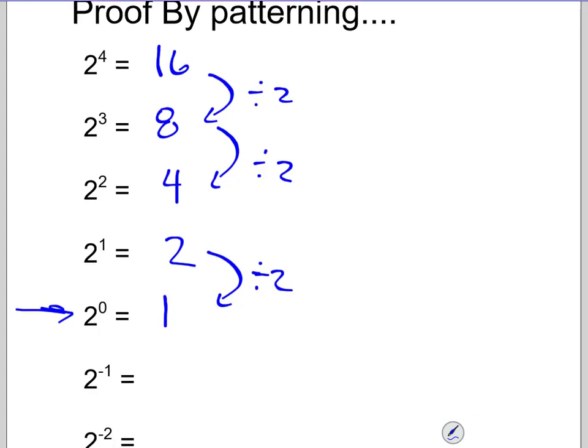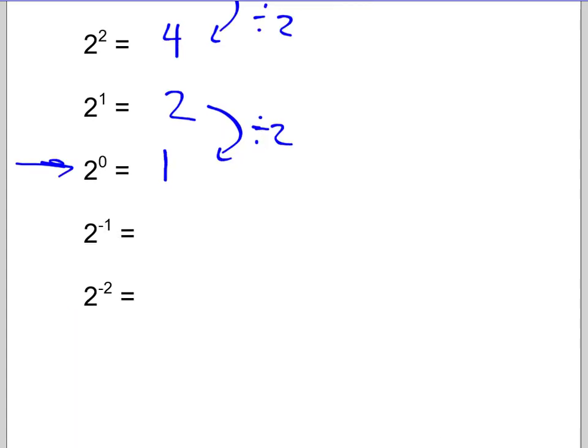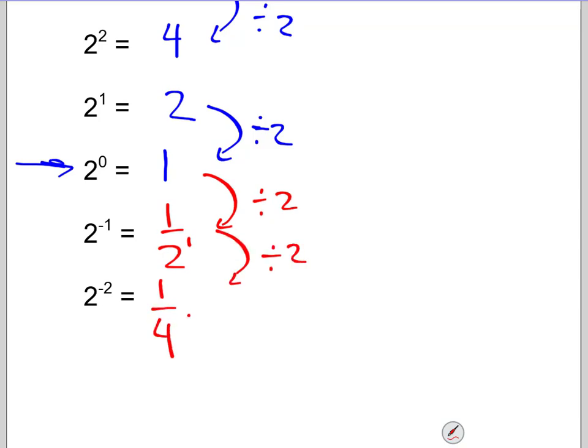But now we're not going to stop there because we're on a roll. We're going to go 1 divided by 2. Well, 1 divided by 2 is a half. Okay, a half divided by 2 is 1/4, or 1 over 2 squared. Okay, and this leads into our last rule.